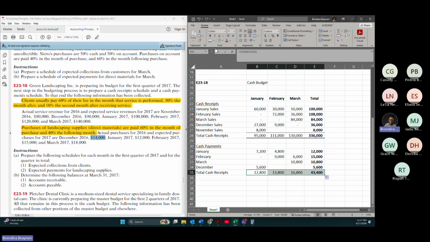And my total cash payments are as follows. Okay, that's 12. Just making sure that's right. Okay, yeah. So this is the cash receipts part, and this is the cash payments part.